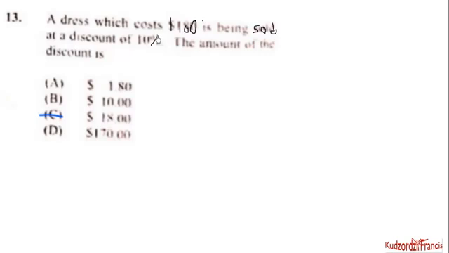So this is 10%. The amount of discount is the discount rate, which is 10%, and 10% is the same as 10 over 100 times the price of the dress, or the cost of the dress, which is $180.